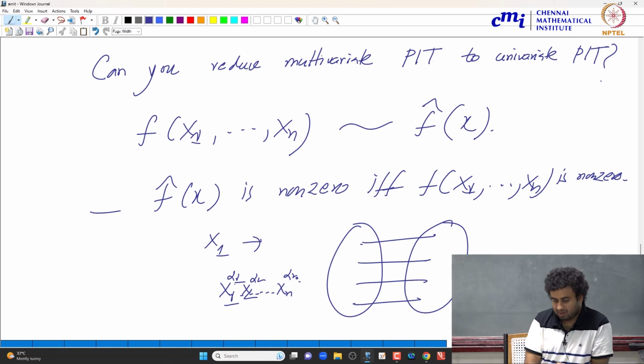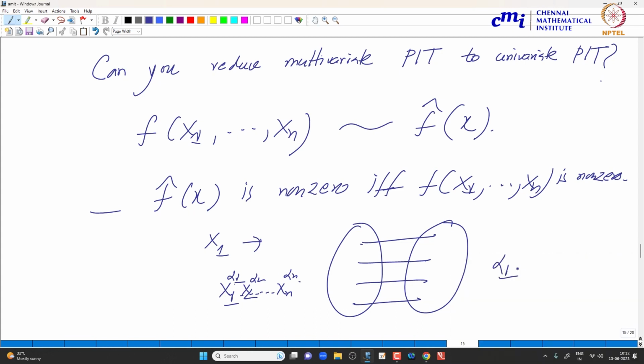Now you treat this alpha 1, alpha 2, ..., alpha n tuple as a number whose base-d expansion is alpha 1 to alpha n.